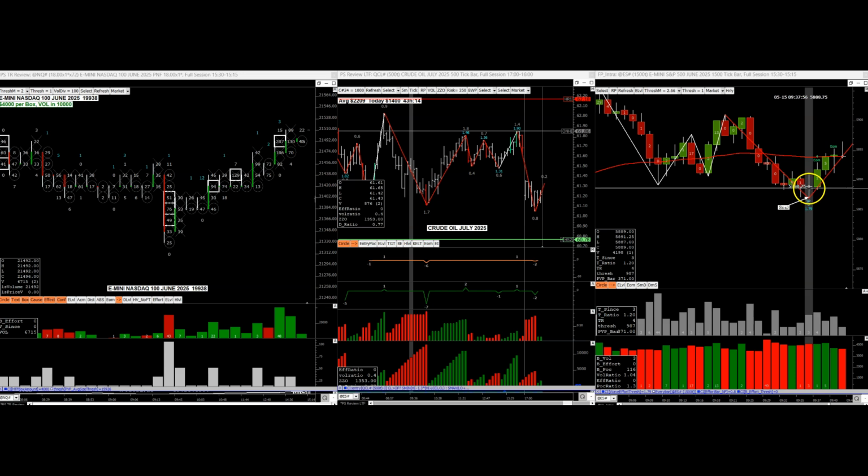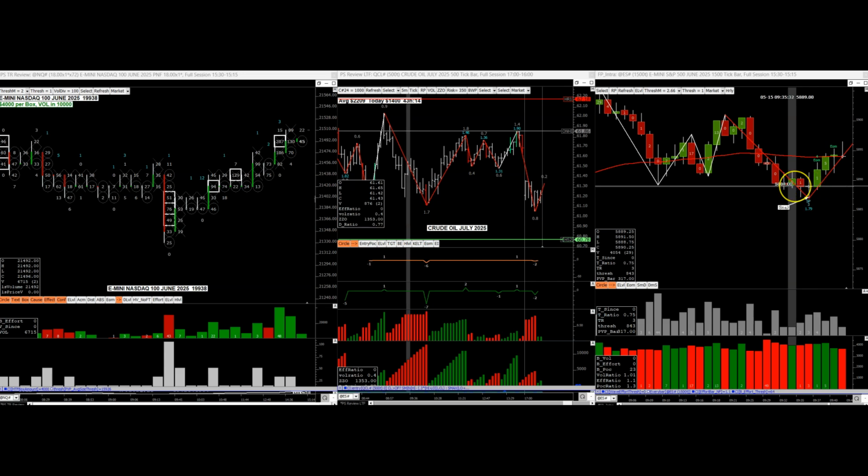You see, there's no progress in the close. Remember, from a price perspective, there are three things. 1, progress in the close. 2, the range of the bar. And the third one is shortening of the thrust.